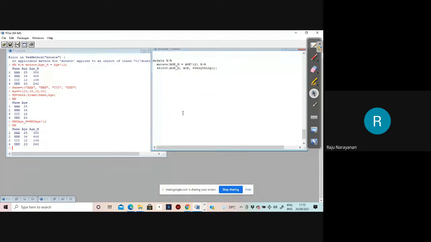Okay, then what is the thing you have to do? In R, read.table. You copy the address here and make a double dash.